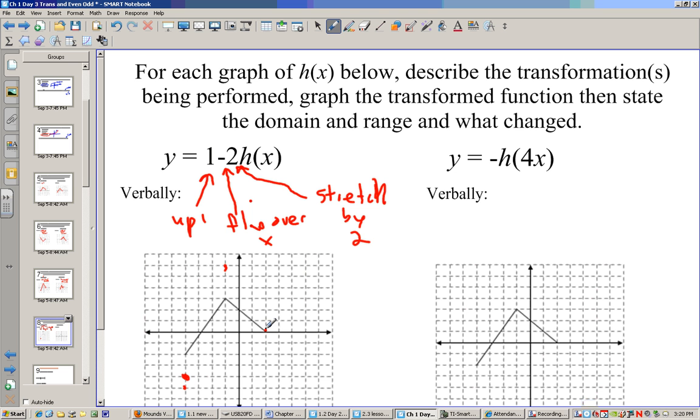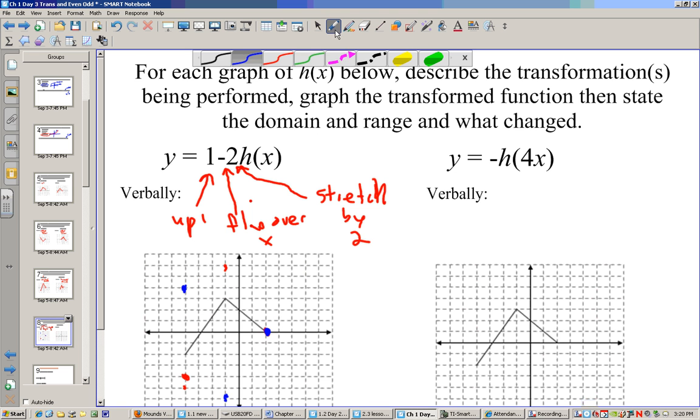Now, I'm going to use a blue dot to flip it over. So instead of being up 6, it's going to be down 6. 1, 2, 3, 4, 5, 6. That's 4, so 1, 2, 3, 4. And this one stays where it's at.